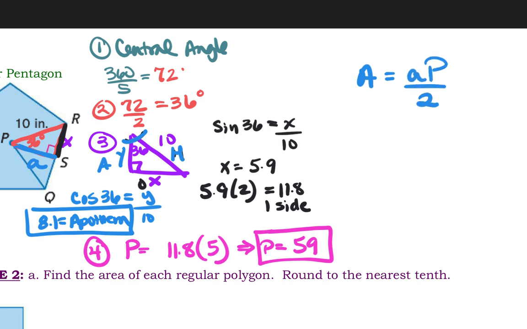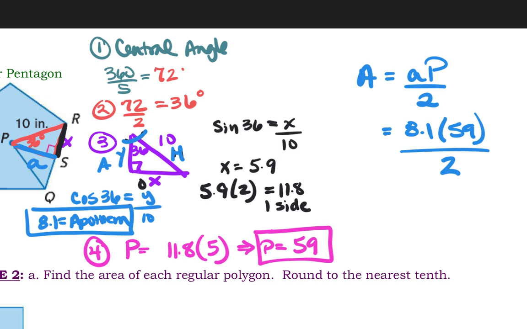Our apothem we said was 8.1. The perimeter we said was 59. All of it divided by 2. Good. So 8.1 times 59 divided by 2. $20.25.